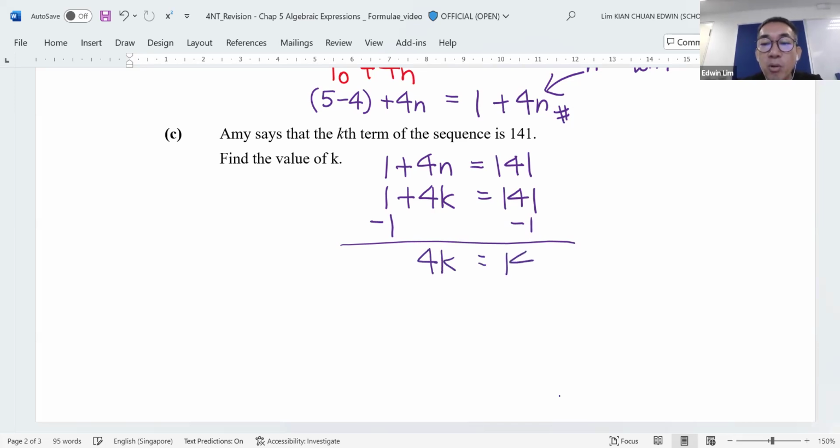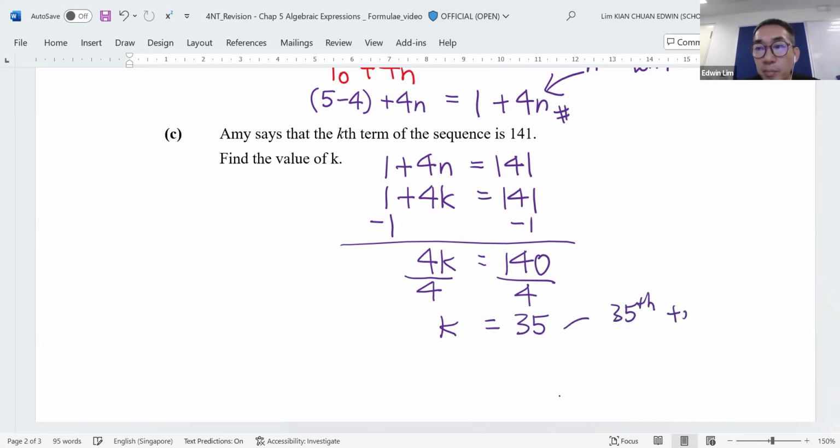I get 140. I want to find k now. I will divide by 4. 140 divided by 4 is 35. Meaning it's the 35th term. That's the answer for the last question.